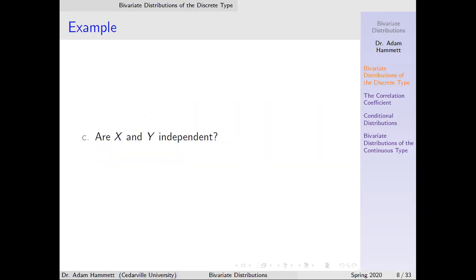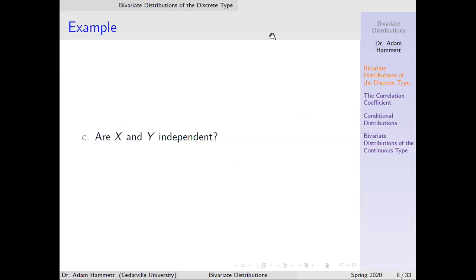Are the X and the Y independent from that previous example? Is p(x, y) equal to the product of the marginals for any pair x and y? Is that true? Well, I don't know. Let's check that out.